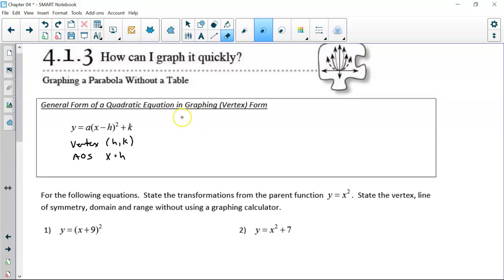Now, for the other values, when a is less than 0, that's our x-axis reflection. When the absolute value of a is greater than 1, that means we have a vertical stretch. When the absolute value of a is between 0 and 1, we have a vertical compression.